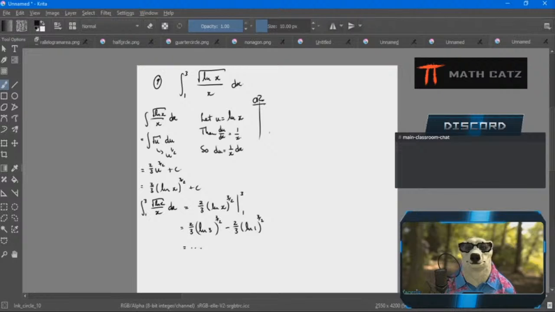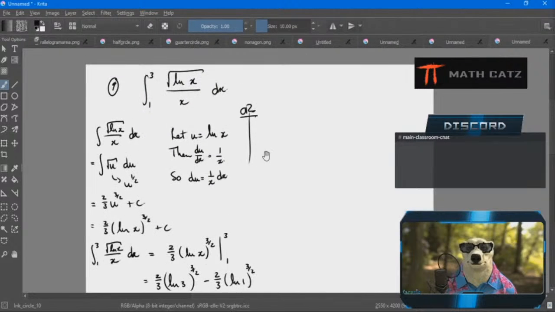The alternative is to stay with the definite integral when I do the substitution and say same substitution, because it is essentially the same antiderivative. Well, it's exactly the same antiderivative. So not much has changed there.